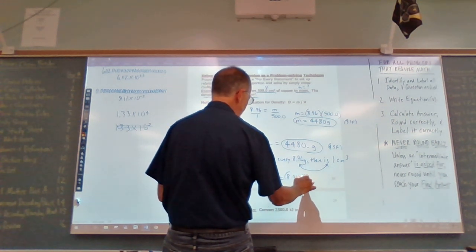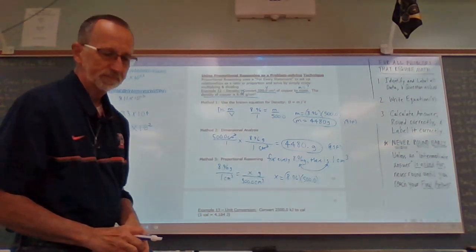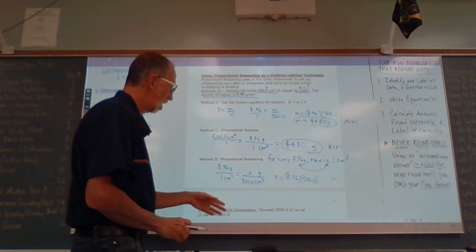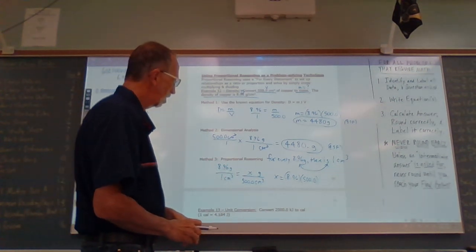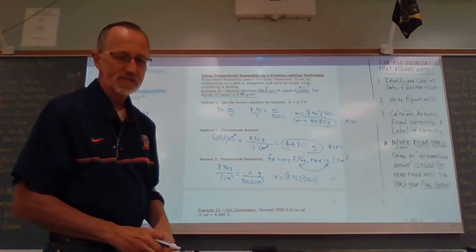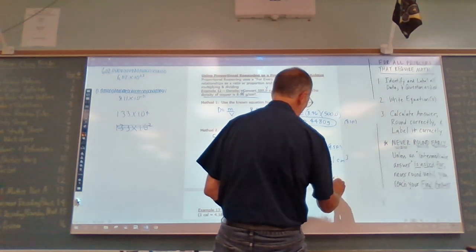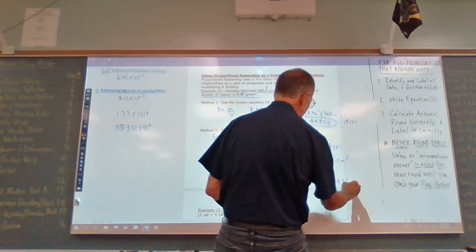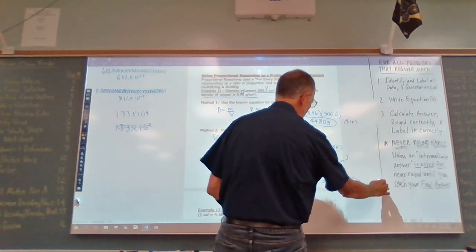So basically we have x equals 8.96 times 500.0. Here we would use, again, our measurements that were given. This is a constant, though, so we're going to go off our 4 sig figs again. And so that comes out to be 4,480 decimal point grams, 4 sig figs.